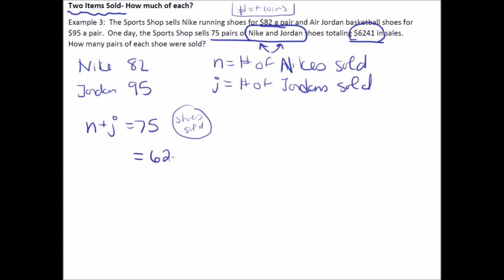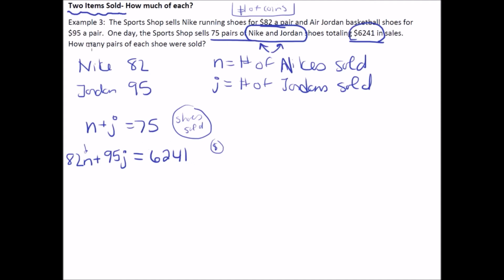It's going to equal 6241, and this is all going to be about money. Okay, so we know that Nikes cost $82. So 82 times N, $82 times the number of Nikes sold. Jordans cost $95. So of course 95 times the number of Jordans sold, and altogether this money is going to be 6241.